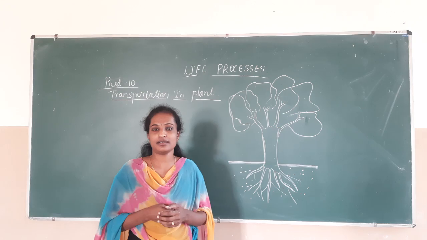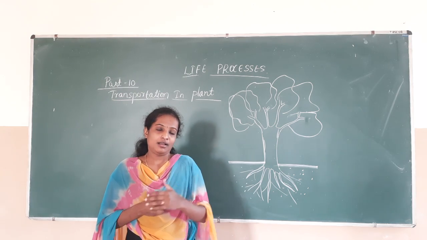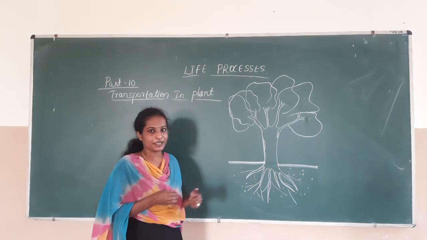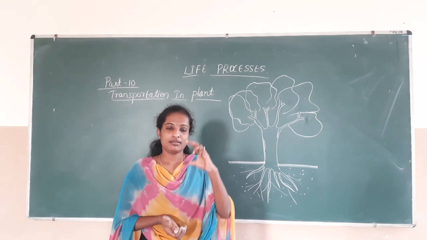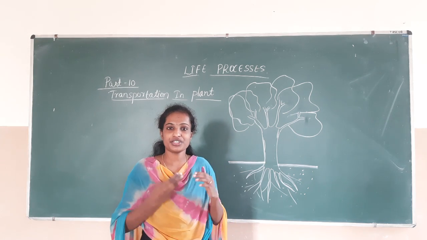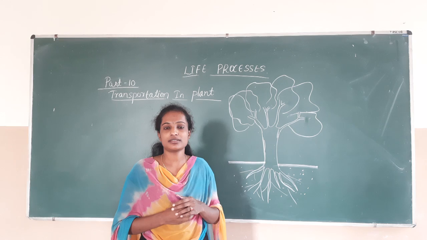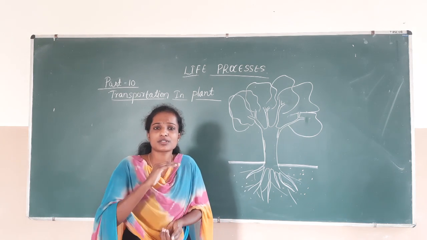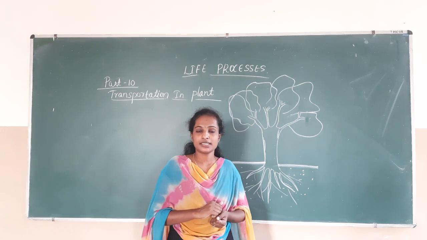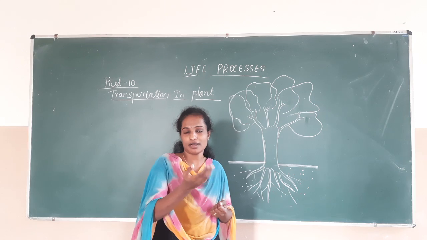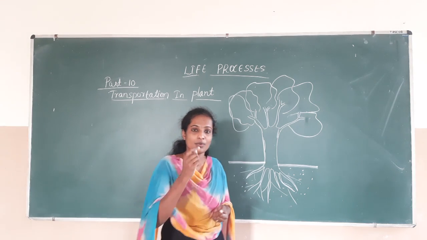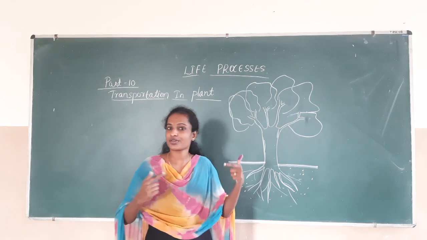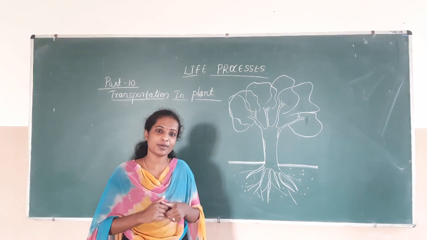In a plant body, the distance between the source of energy and the uptake of water is small in the case of small plants, where the energy materials as well as the raw materials like water and minerals are transported in opposite directions.